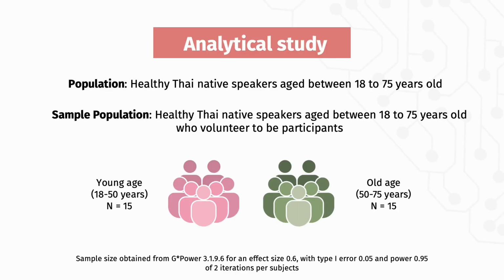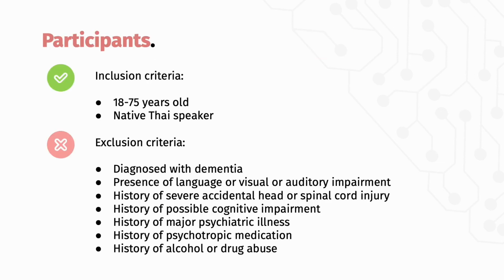The study design is an observational analytical study on healthy Thai native speakers aged between 18 and 75 years old who volunteer to be participants, with 15 young people and 15 older people. The inclusion criteria are age between 18 and 75 years old and being a native Thai speaker.